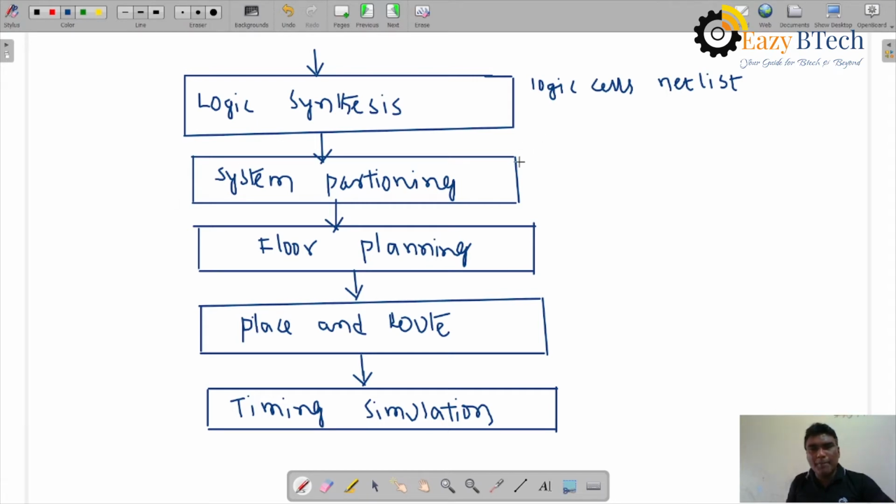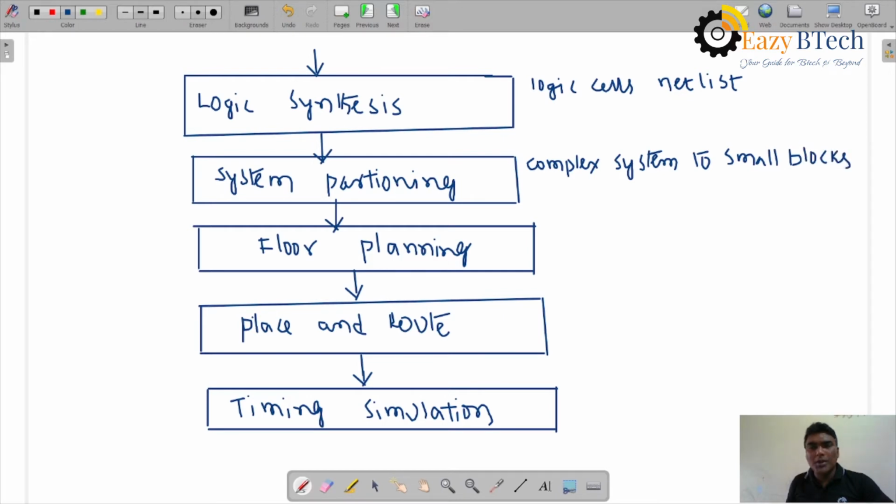System partitioning: dividing a complex system into small blocks.